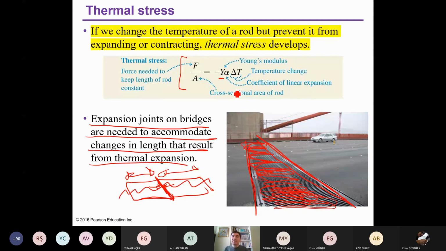This is the coefficient of linear expansion, and this is the temperature change. So if you increase the temperature, then we have a thermal stress. Okay, we have a thermal stress, and you have to use expansion joints on bridges, on buildings against this thermal stress.